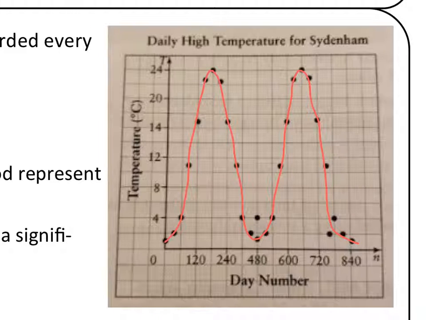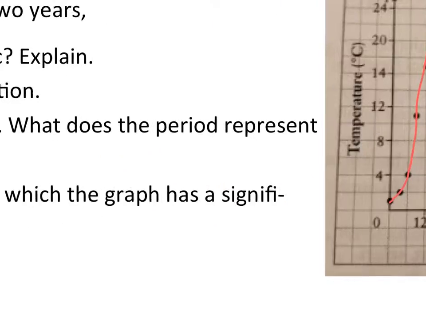Now that is over a period of 840 days, which is over a year. It's over 2 years actually, but you'll notice that because it goes up, comes back down, goes up, comes back down, this is a periodic function.